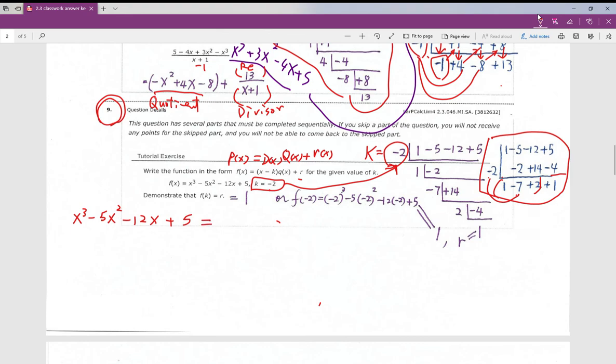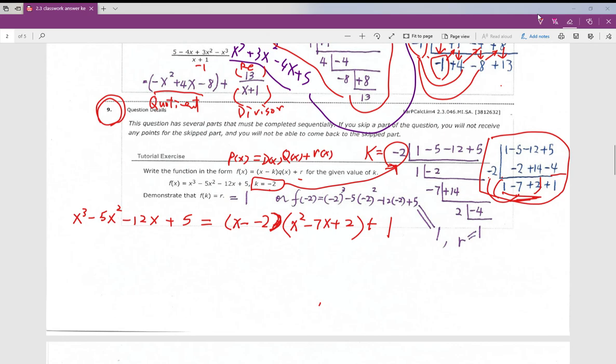If you try to divide by a divisor x minus -2, because k is -2, then you are going to have a quotient x squared minus 7x plus 2. Here we divide, and what's the remainder? 1. Because the divisor is 1 degree, therefore the remainder has no degree, 0 degree. So that's what we learned earlier up to here.